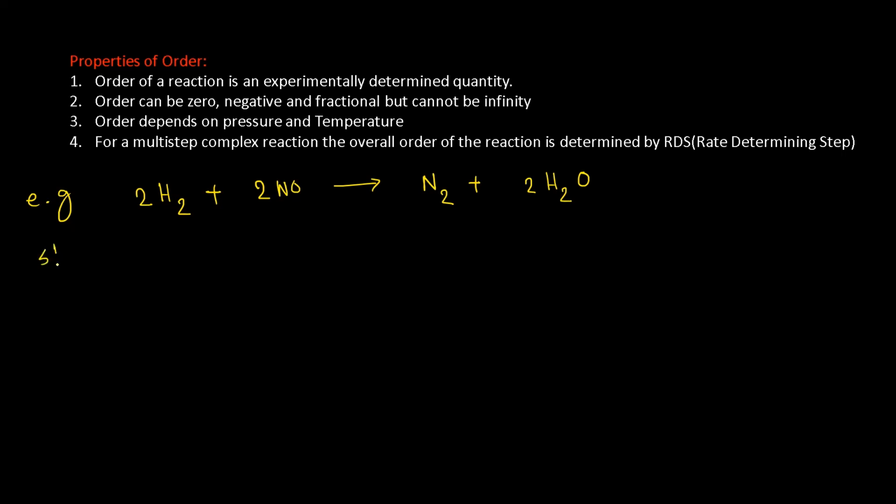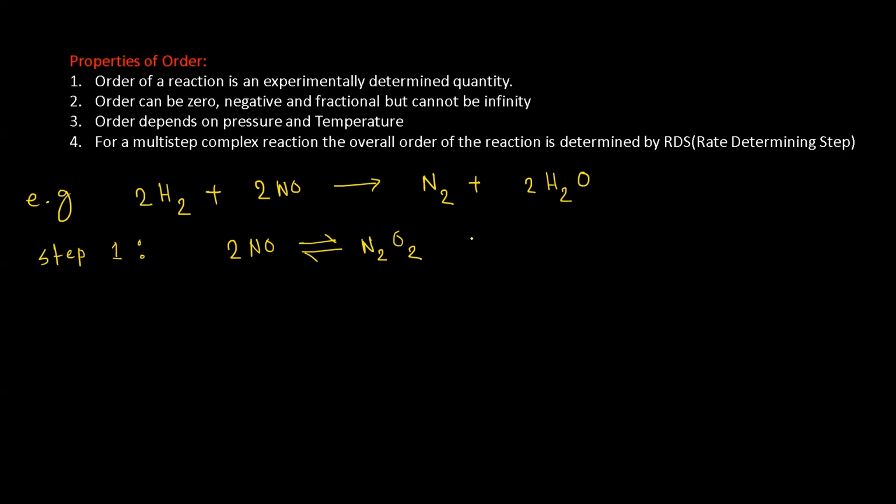Step 1, 2NO gives us N2O2, and there is an equilibrium between them.